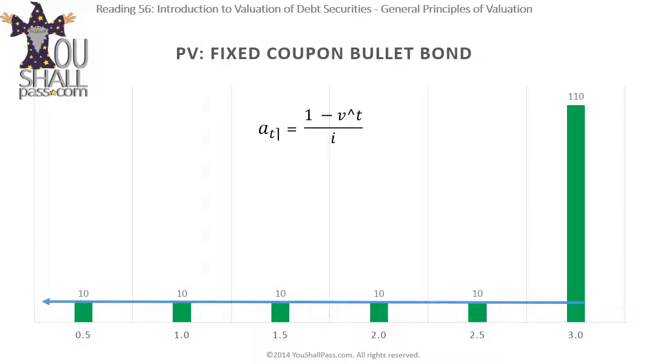So since each coupon is the same in size and occurs at regular intervals, you can just take the appropriate number of occurrences, as in how many coupons remaining until the maturity of the bond, and that number of coupons is your T, and the appropriate interest rate for the intercoupon period, that's your I, and that will obviously be provided in the exam, and you discount these cash flows back to present value using the annuity formula.